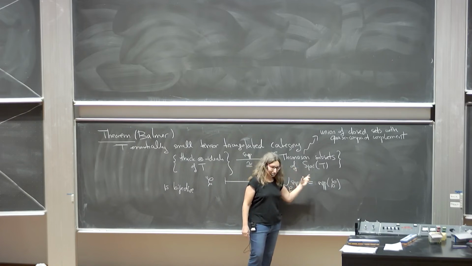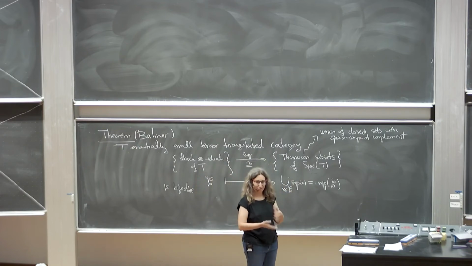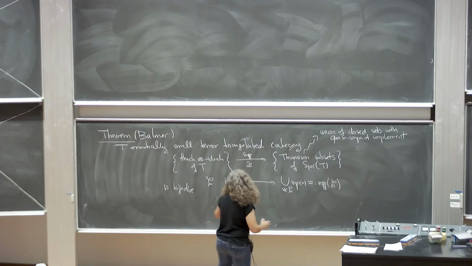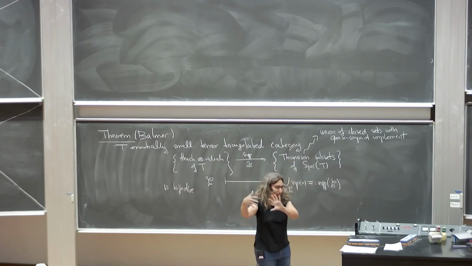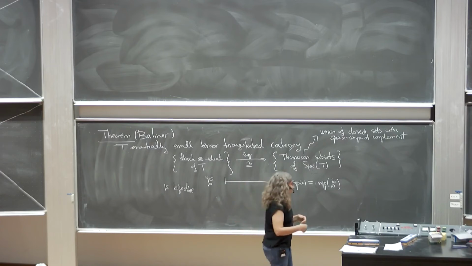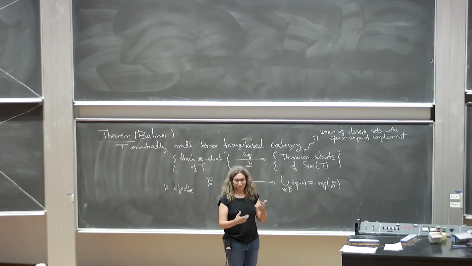And the other question is that this only classifies small objects. You only classify thick tensor ideals, and you're only working inside the compact objects in your tensor-triangulated category. So in these examples, T^c is inside the bigger T. What can we say about the bigger T? There are two questions now. Can we classify inside the big category? And can we identify this topological space, sometimes not only as a set, but also with the topology?